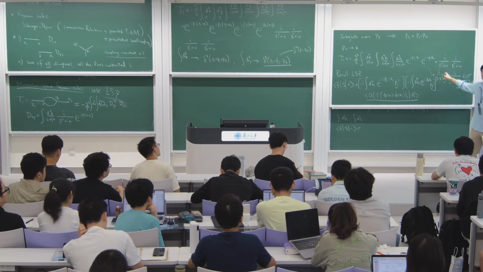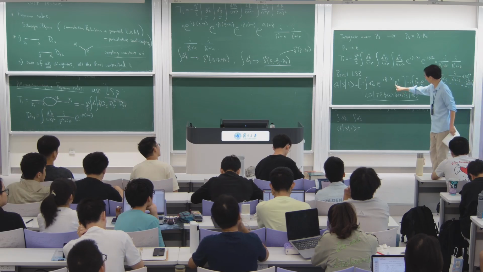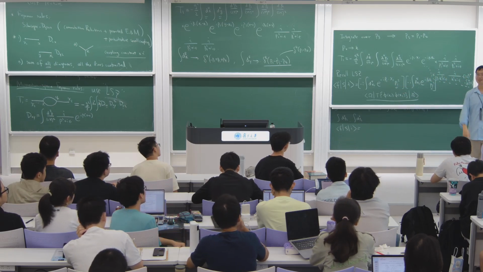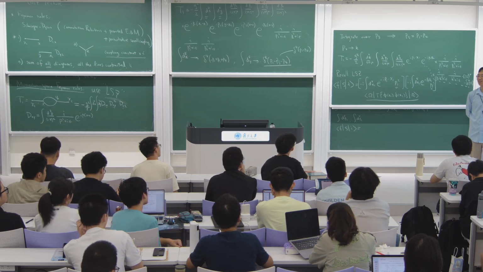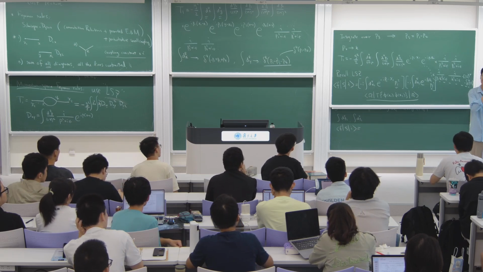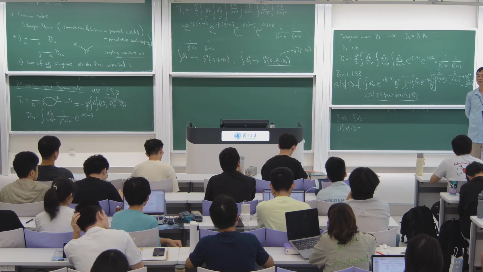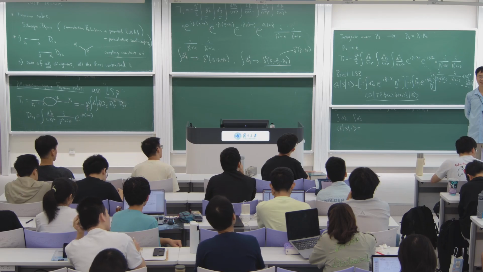There's an i epsilon, you see? This is i epsilon, but this is only p_i squared. What do you do with the i epsilon? Can anybody say something? Let me check whether you really understand this i epsilon prescription. So how do you deal with this i epsilon in this case?